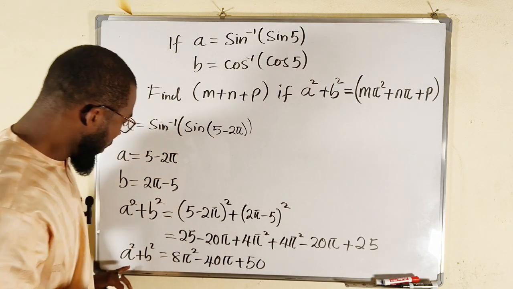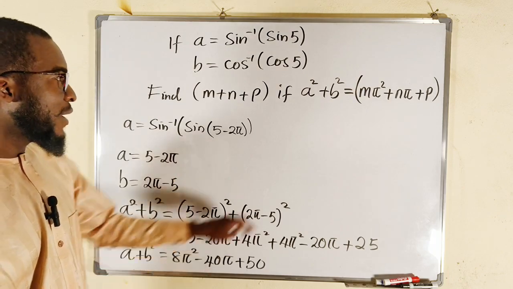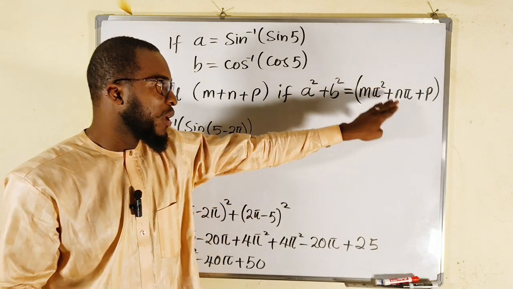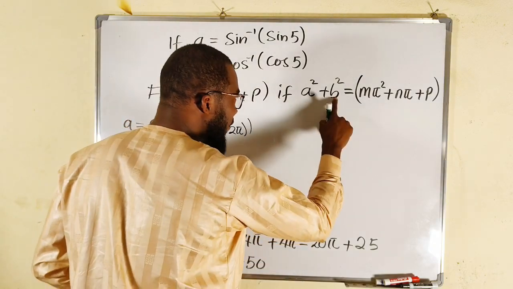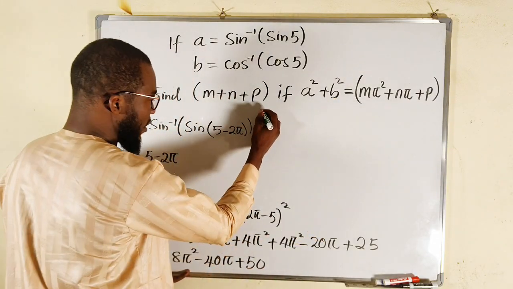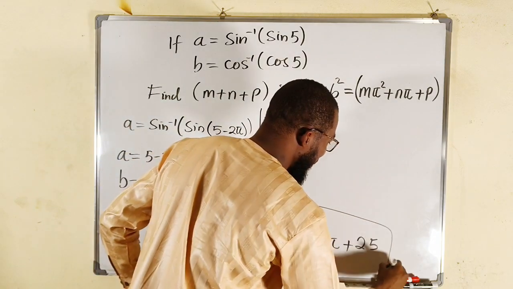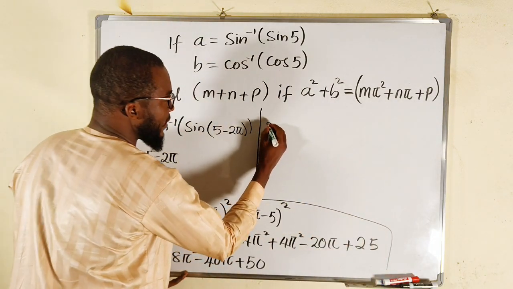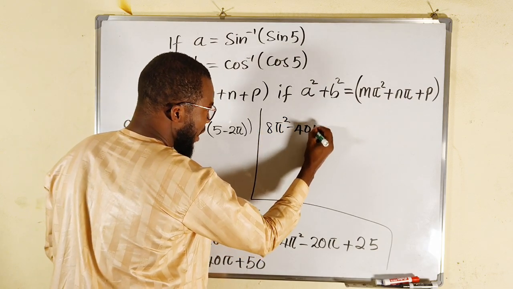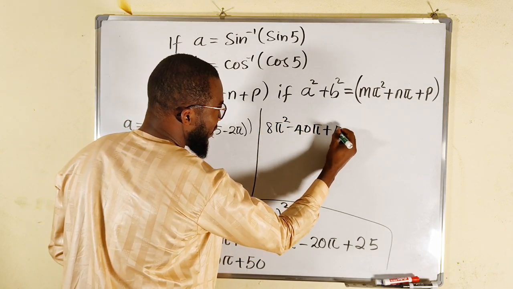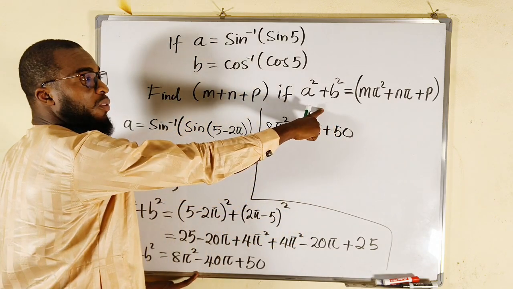But remember that a squared plus b squared is equal to m pi squared plus n pi plus p, which means that the whole of this, 8 pi squared minus 40 pi plus 50, is just a squared plus b squared.